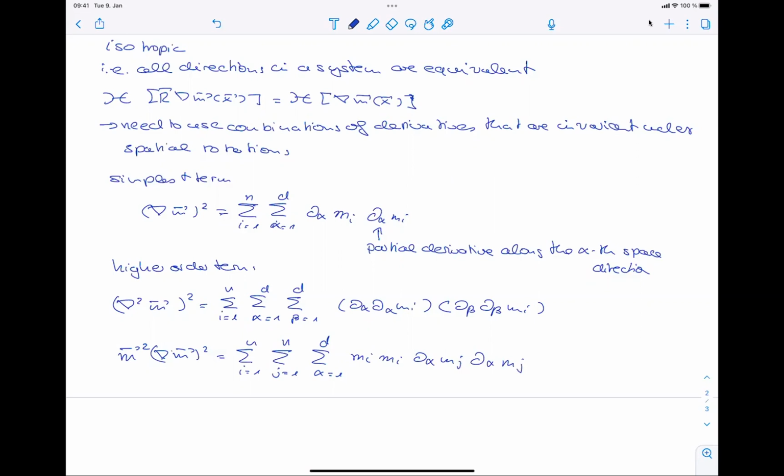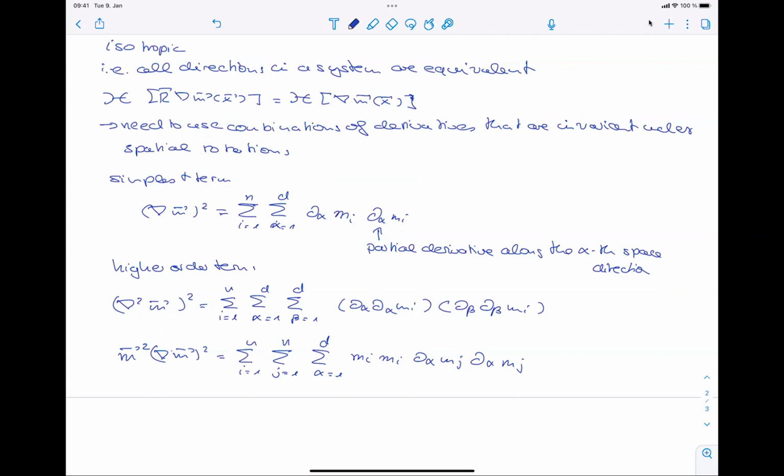Question? Yes. Shouldn't M also have D components, or why do we only have N? What's the N standing for? Normally, when I write nabla M like a vector, then it's just a divergence.